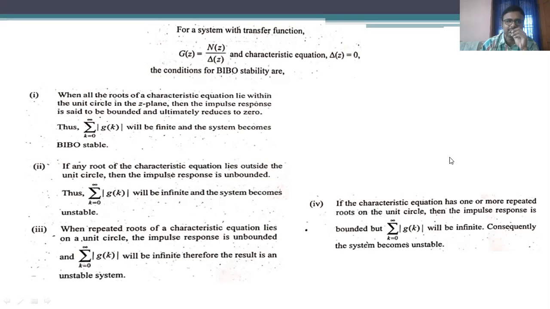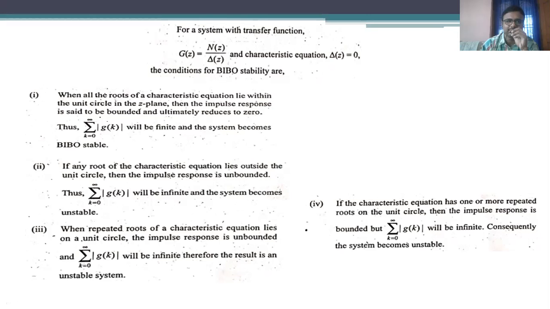And similarly, if repeated poles happen on the unit circle, then the impulse response of the system is going to be taken as unbounded system and the entire system is going to be considered as unstable. And similarly, if any one repeated pole lies on the unit circle, then the impulse response is going to be taken as bounded and the entire system is going to be taken as the unstable system.